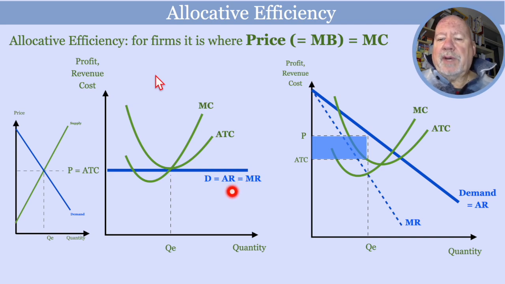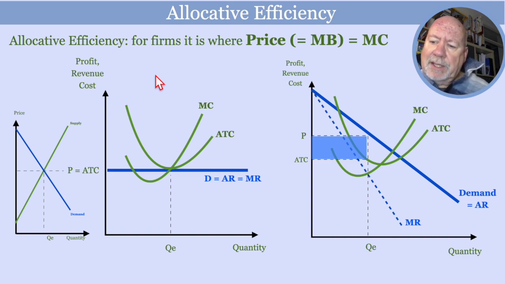And profit maximizing firms set MR equal to MC, so they produce at this point here, and that also is a point where the price, which is AR, equals MC. So as long as you've got a perfectly elastic demand curve, then you are always going to be allocatively efficient, because you cannot make supernormal profit in that industry.